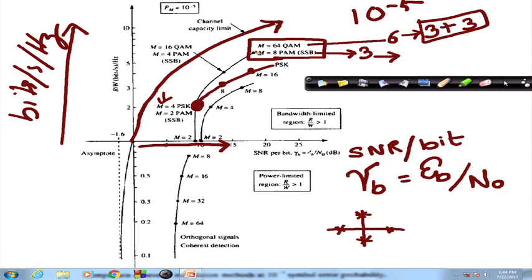So, that is why they are at the same point. The PAM kind of constellations would follow a curve here, which is indicated there.